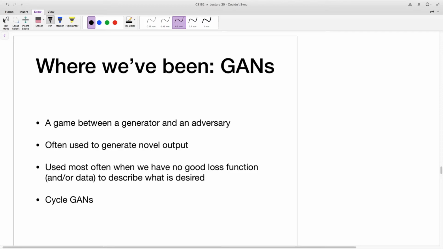Questions so far? Yes? How do you solve the mode collapse? Well, there are two ways that I know of. One way is make something explicit in your loss function.